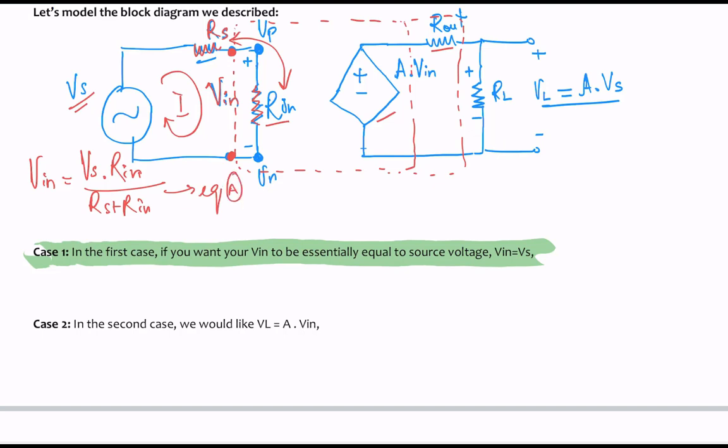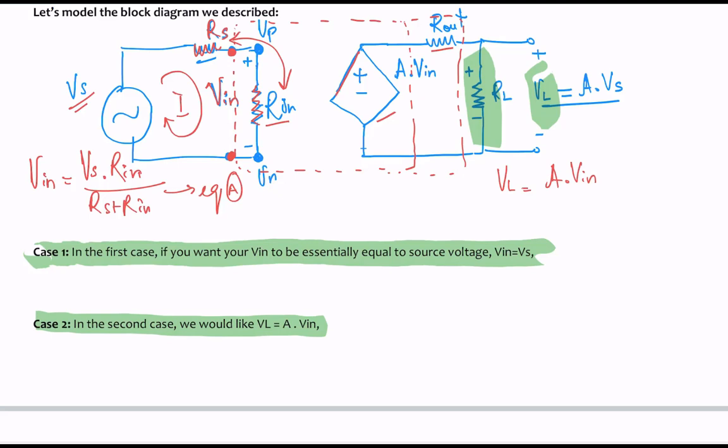The second thing here is that we would like VL to be equal to A times Vn. Now here, if I again apply voltage divider, whatever the voltage across RL is the VL, correct? And if I apply voltage divider, I get VL equals A times Vn.